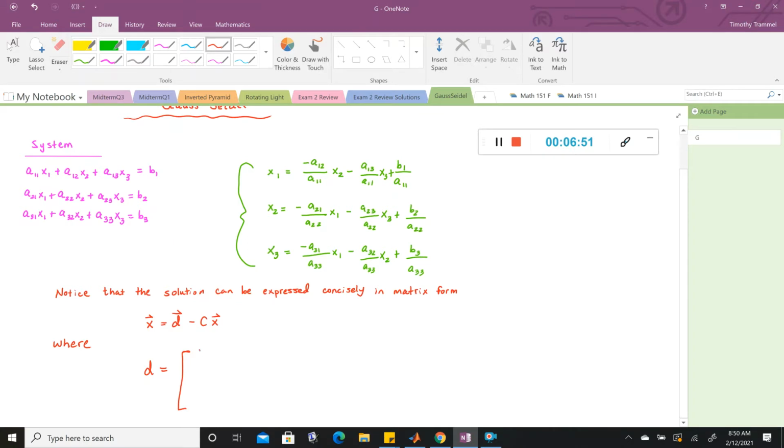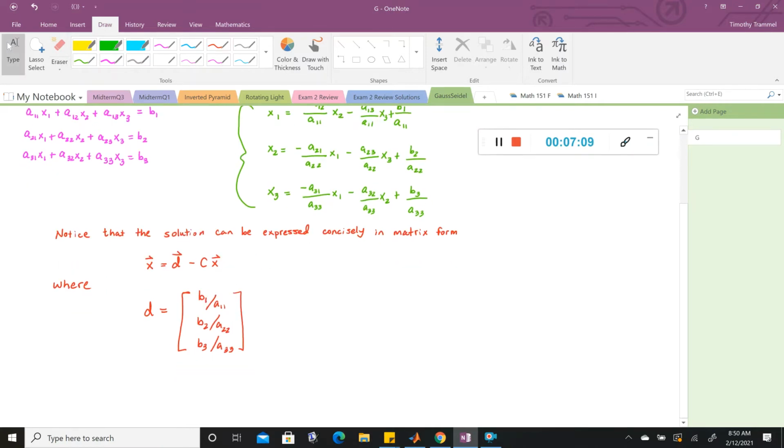So this is B1 over A11, B2 over A22, and B3 over A33. When we actually go to write our code, this will be something that we have to create, this vector D. And we'll also need to create another matrix, C.